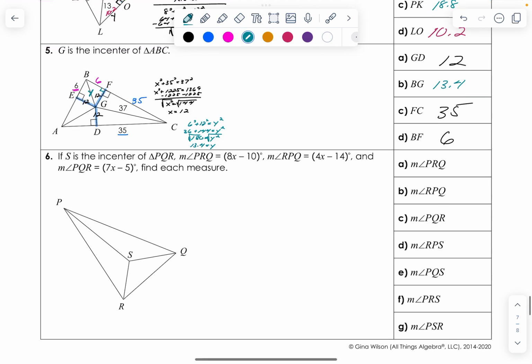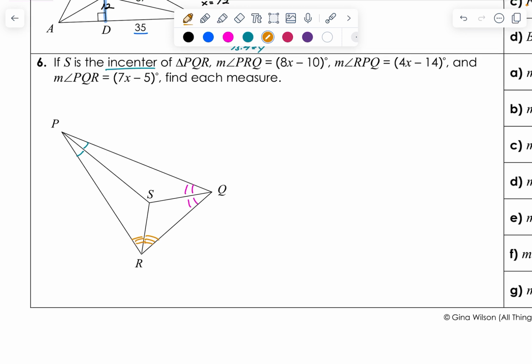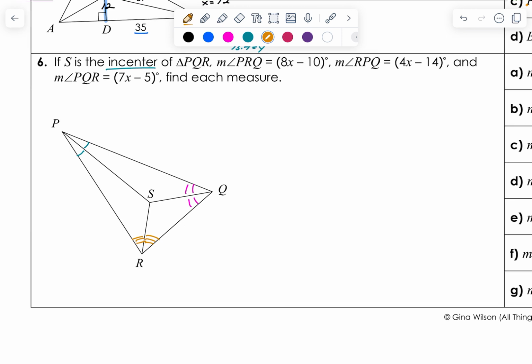And our last one, this is an interesting one. Now, S is the incenter. So if we know that, we know these are congruent, we know these are congruent, and we know these are congruent. We don't have the markings on the sides. Now, this says PRQ.